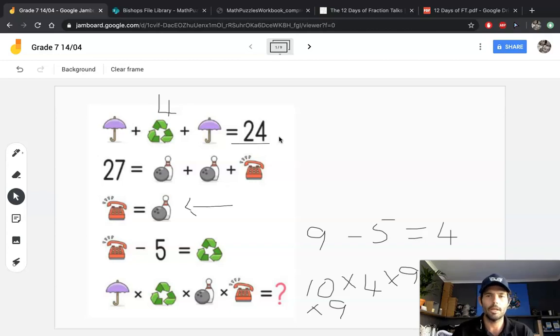And then the 40 times the 9 is 360, and then the 360 times the 9, I can go the 300 times the 9 is 2,700, the 60 times the 9 is 540, and add them together. You can go 10 times 9 is 90, 90 times 4 is 360, and then 360 times 9. So what I'm trying to get at is it doesn't matter what order you multiply in, as long as it makes sense to you, and your answer that you should be getting is 3,240.